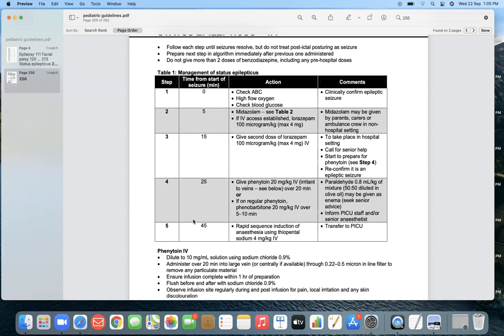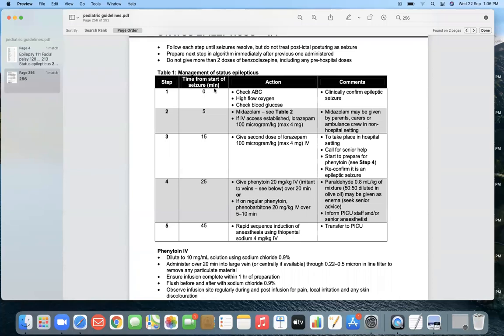Then after 20 minutes, if still there is no response, you will go for rapid sequence induction of anesthesia with thiopental. So know the time window: 0 is the starting point, then 5, 15, 25, 45. Okay, 45 minutes.